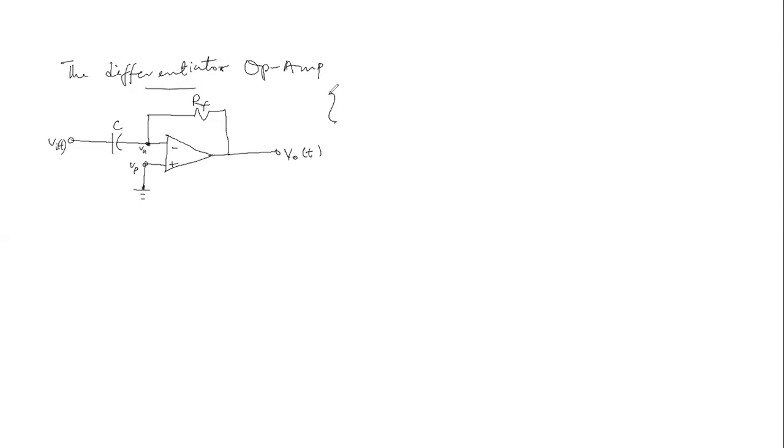And recall the assumptions. For the current constraint, no current flows through the terminals, that's 0. And then for the voltage constraint, we have the non-inverting voltage is the same as the inverting voltage.